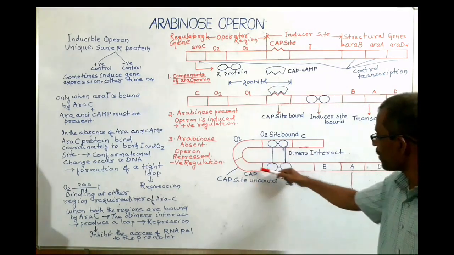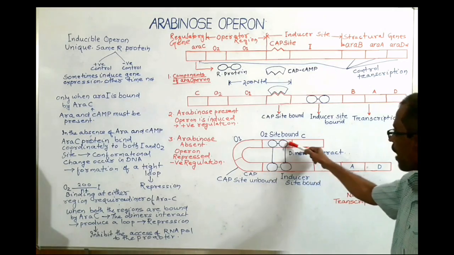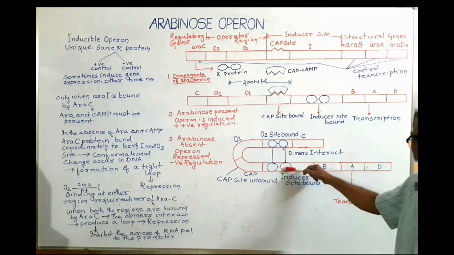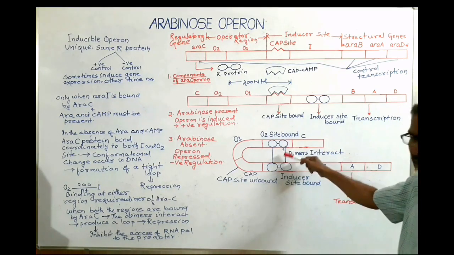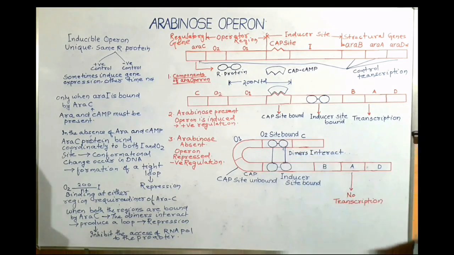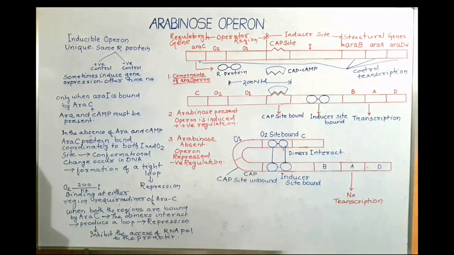This tight loop is formed when there is interaction between these two dimers. This is a dimer of araC, this is another dimer of araC, and you see between these two dimers there is interaction. When there is interaction between the araC dimers, a tight loop is formed and the operon is repressed, so there is no transcription.